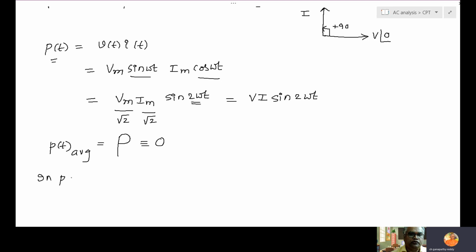In pure capacitor, average power dissipated is equal to 0.